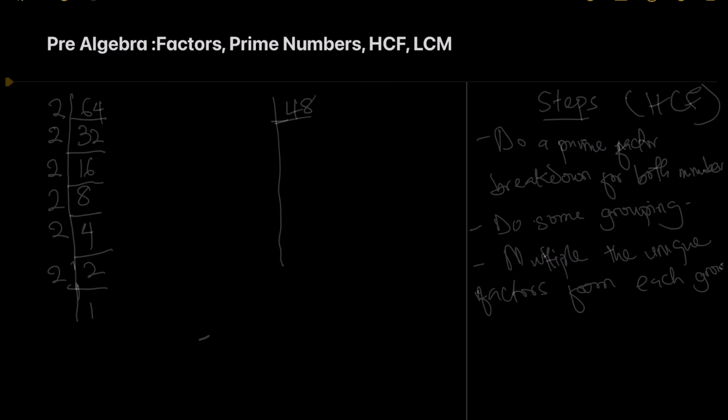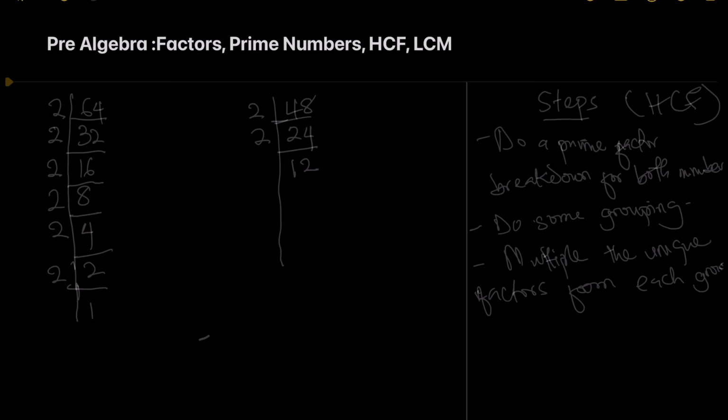So, in the case of 48, we also start from 2. We see that 2 can divide 48, then we divide through, we get 24. We also see that 2 can still divide 24, so we divide by 2, and then we get 12.